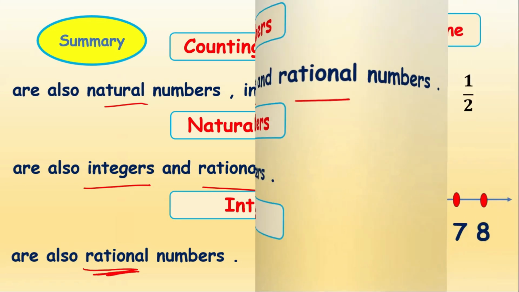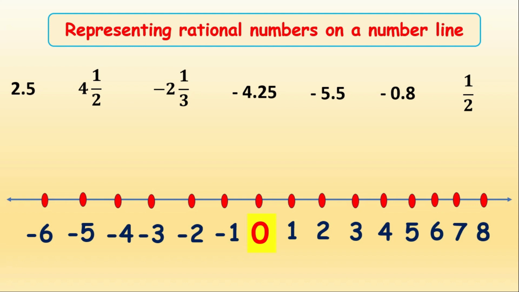Now let's see how we represent rational numbers on a number line. Here we have numbers, decimals and fractions. They are called rational numbers and we want to represent them on a number line. The number line is formed of 0, positive and negative.